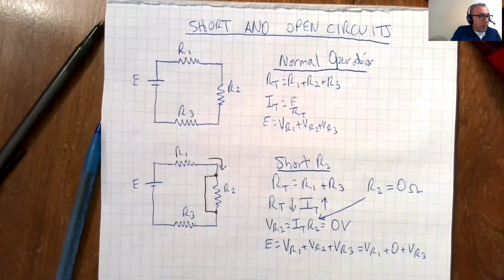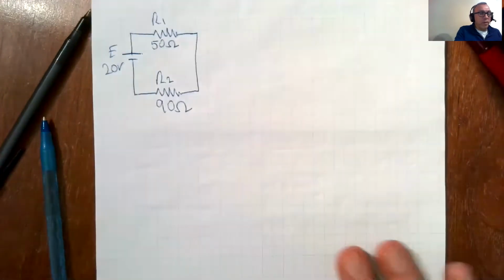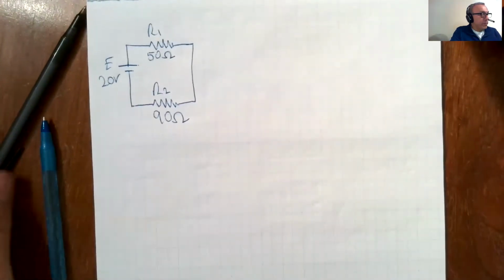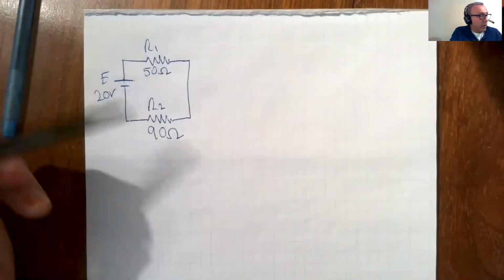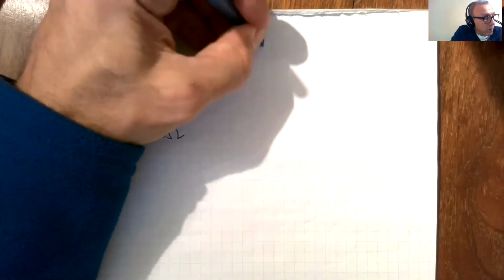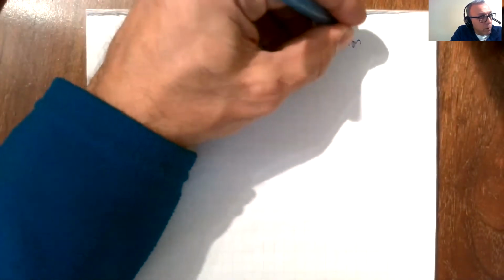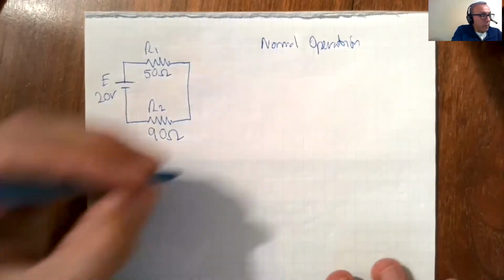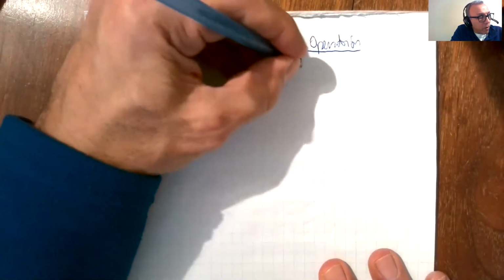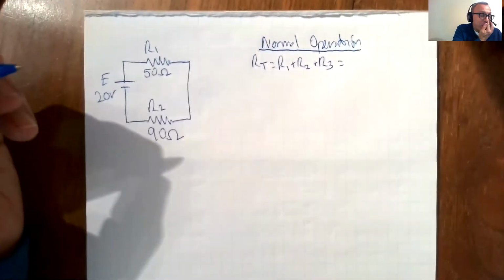So now, let's do an example here. We have this circuit. Normal operation. RT is equal to R1 plus R2, there is no R3, sorry.